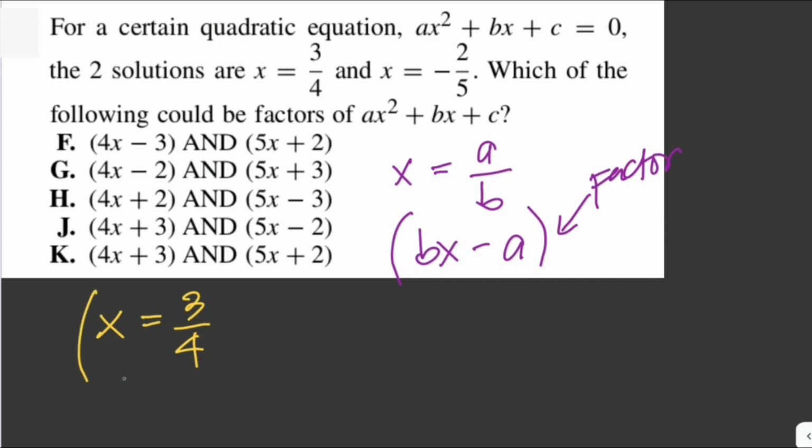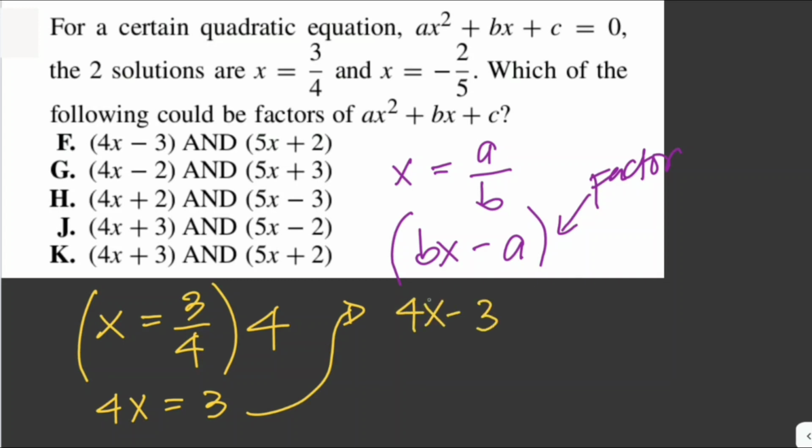We multiply both sides by 4. So this is just 4x equals 3, and then we transpose 3 to the left. So this is just 4x minus 3. So this is one of the factors. And then for x equals negative 2/5, we multiply both sides by 5.